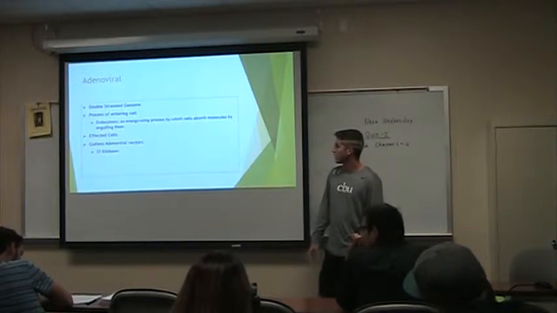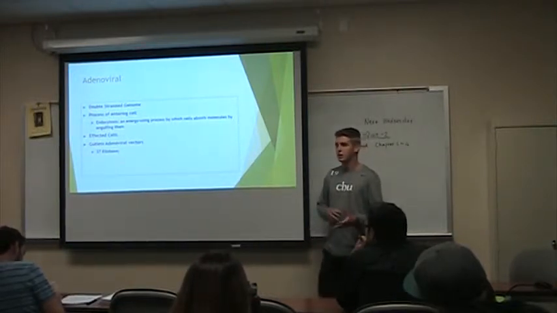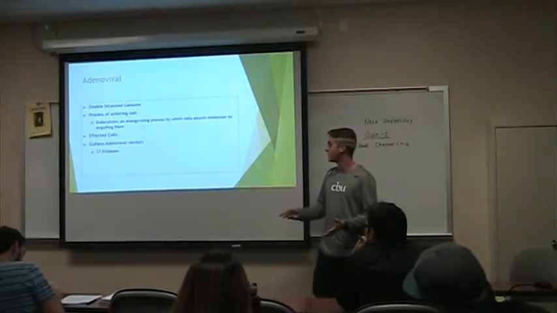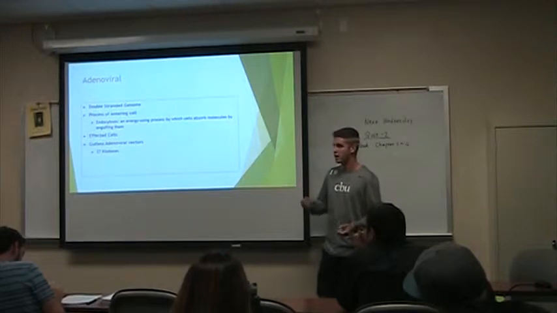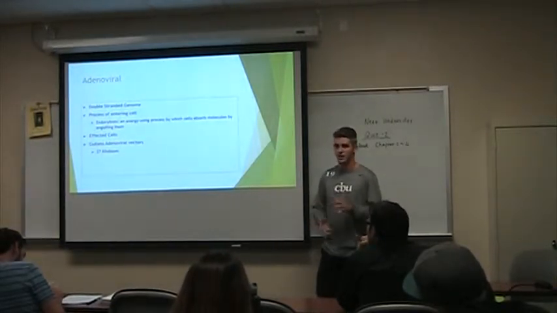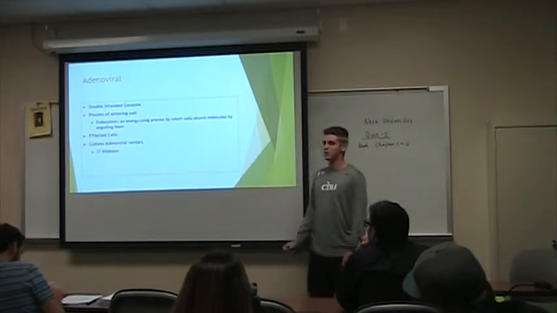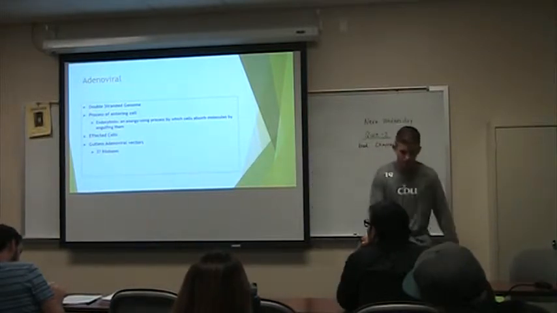There's also something called a gutless adenoviral vector, which basically means they take an adenoviral virus and strip it completely of its viral genes and then inject the therapeutic gene, basically utilizing maximum capacity, which also shows that it has the most capacity of 37 kilobases of all the viruses.